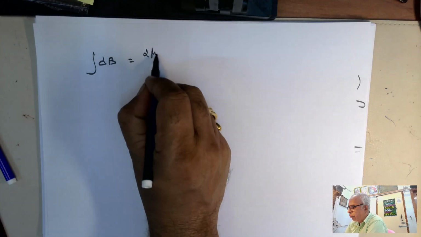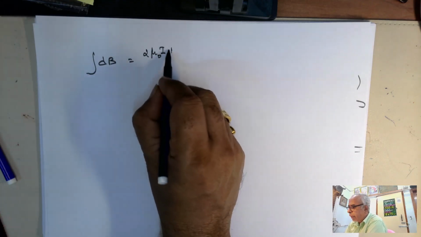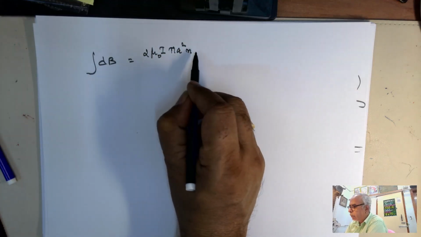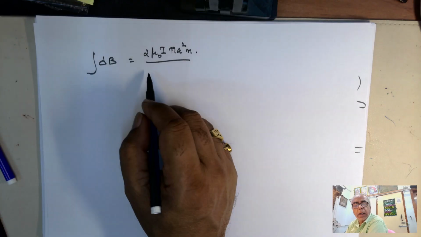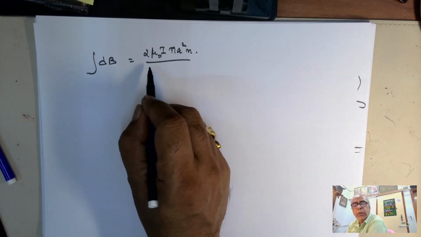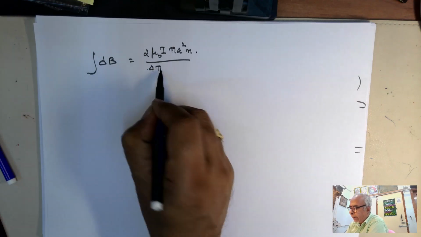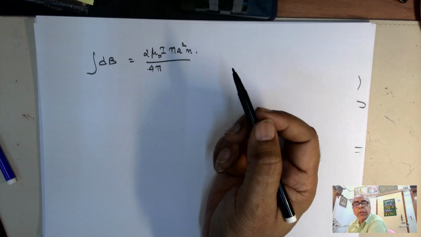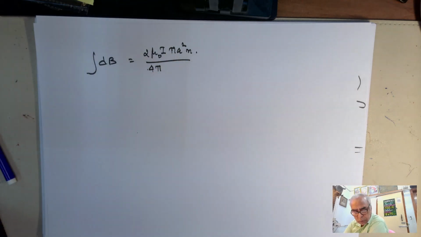So 2 mu naught I pi a squared n, whole divided by 4 pi, and then you have this r, which involves the x.